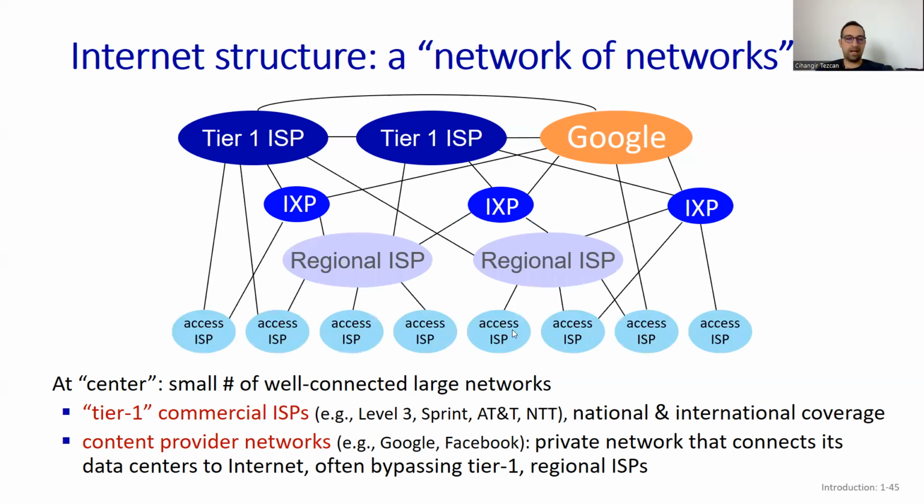So the end picture is like this. These are ISPs, for instance. Assume that this is our university's ISP, or in Turkey, I think Türk Telekom is the internet service provider.